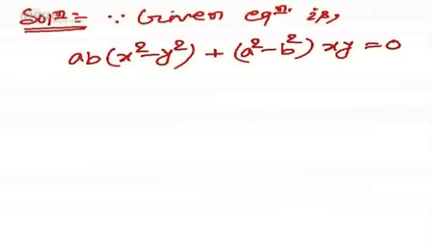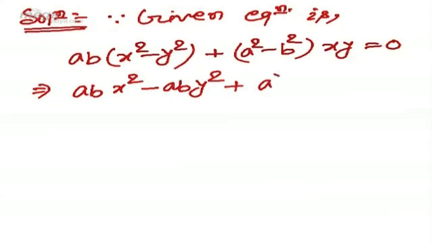Now to separate this equation, there are two ways. Either factorize it, or solve this equation by using the quadratic formula. Both ways you can do. I'm taking the factorization method. When you open it, it becomes abx² − aby² + a²xy − b²xy = 0.